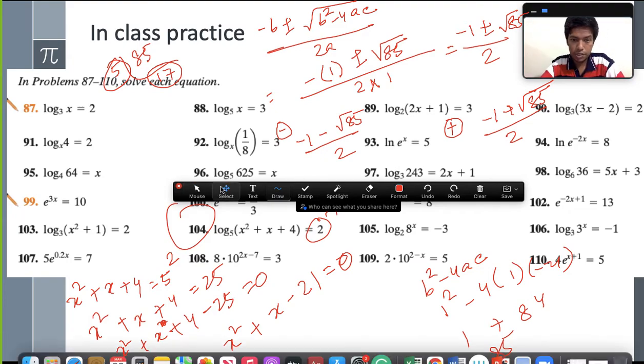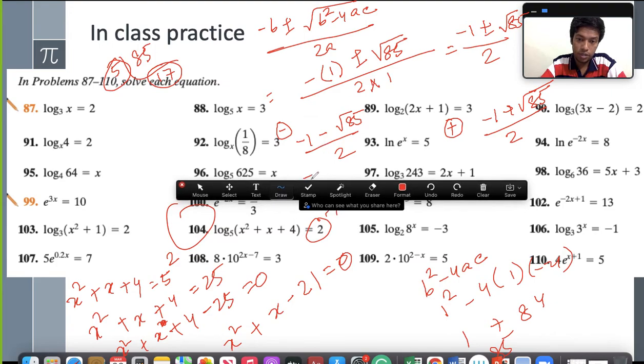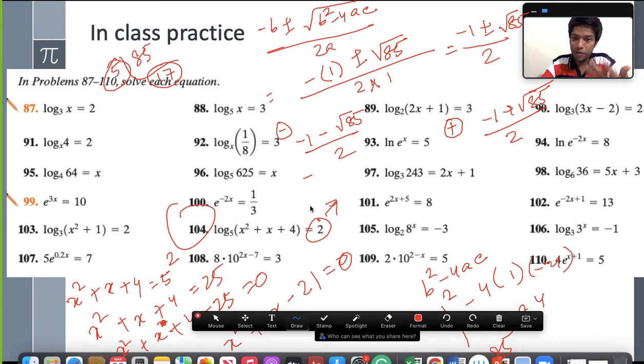Let me write it here, and I will explain why I'm doing this, why things are going crazy here in this math. I'll explain that, don't worry. This value is minus 5.0, and this other value is something positive, so we don't care about it.